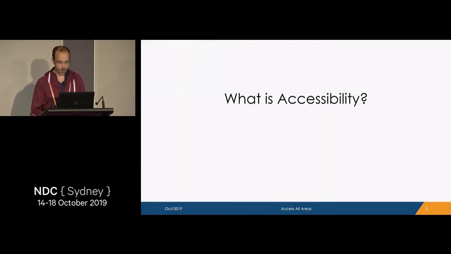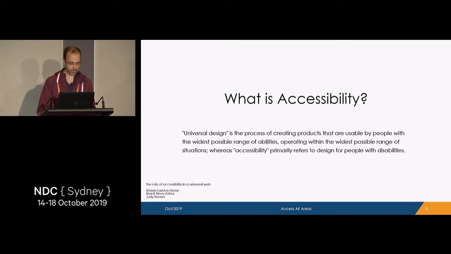So, what is accessibility, right? I guess everyone has a sense of what accessibility is. So, like all the hip kids do these days, I pulled up a definition. And I would like you to focus on this bit. I think this is the general conception that people have about accessibility: it's only for people with disabilities.